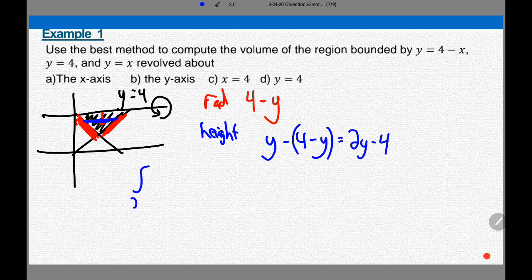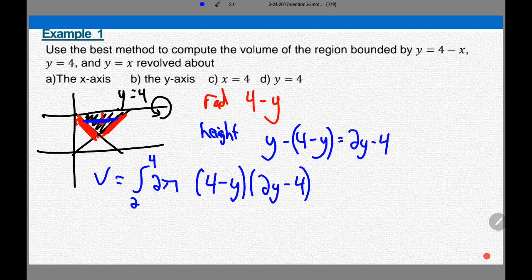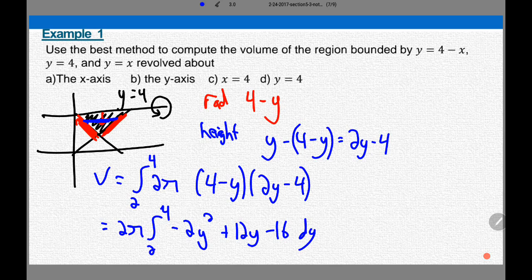So I'm doing from 2 to 4 of 2 pi. So this is my volume. 4 minus y times 2y minus 4. Alright, and we multiply that out, we get our 2 pi out front, 2 to 4, and we get negative 2y squared plus 12y minus 16, and we're integrating with respect to y.